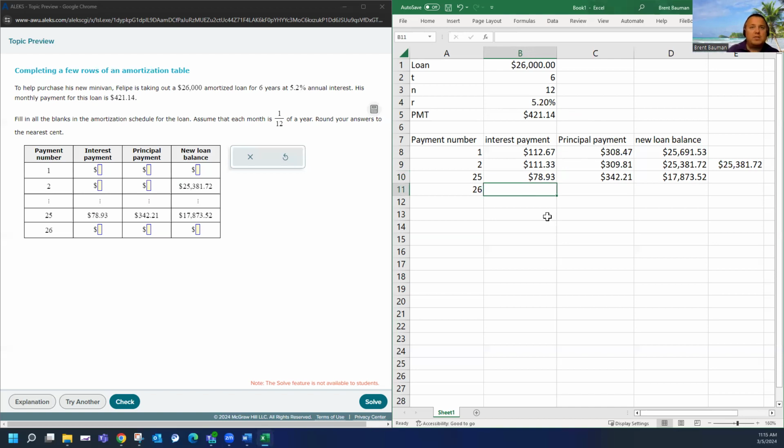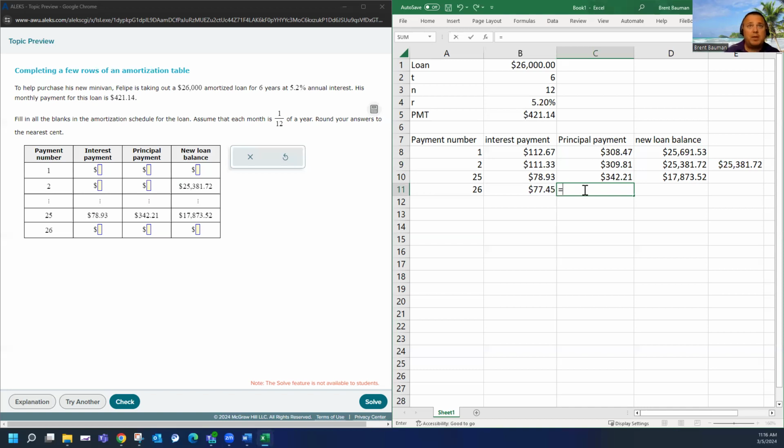So in the 26th, again, just to find the interest, we're going to take the balance from the previous month times the rate divided by 12. Okay, still the same process. We're just moved down further into the payoff. And again, notice that your interest paid is still dropping.